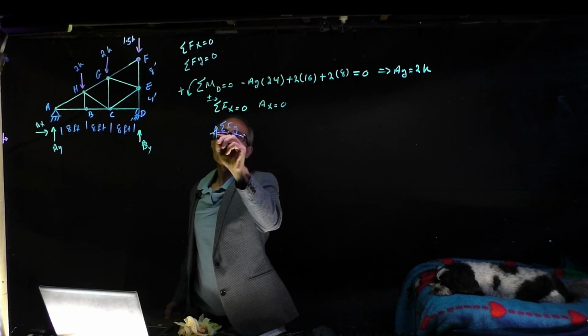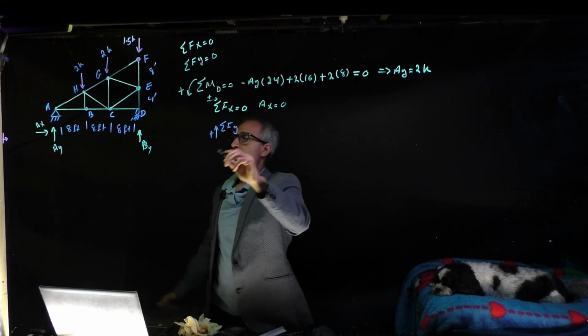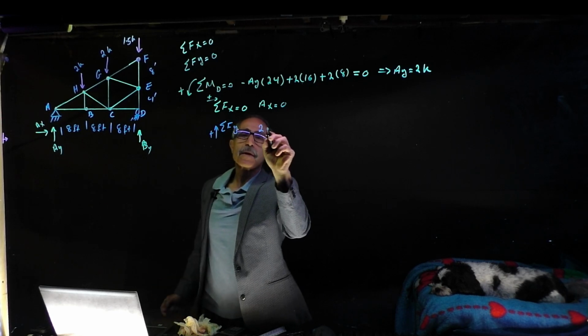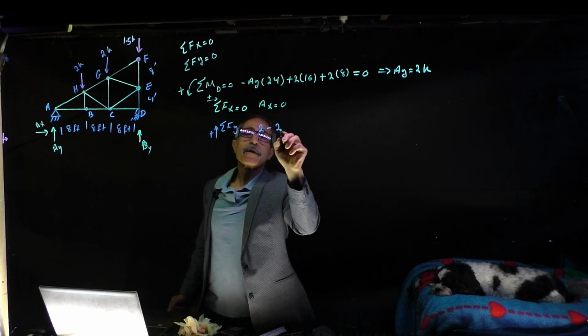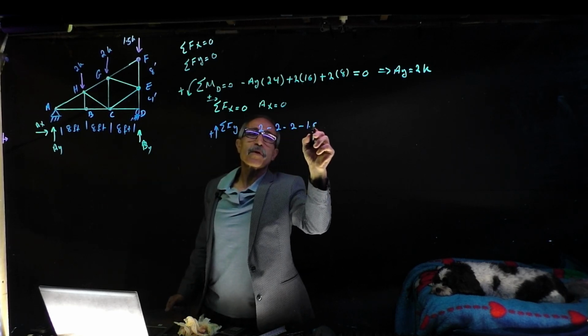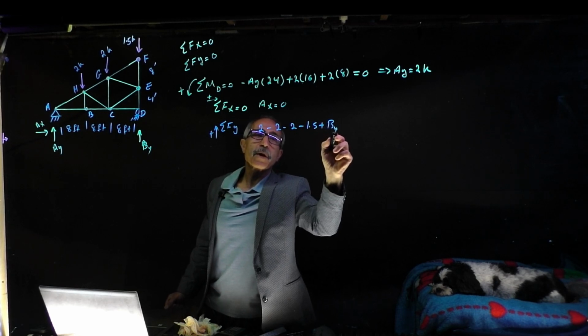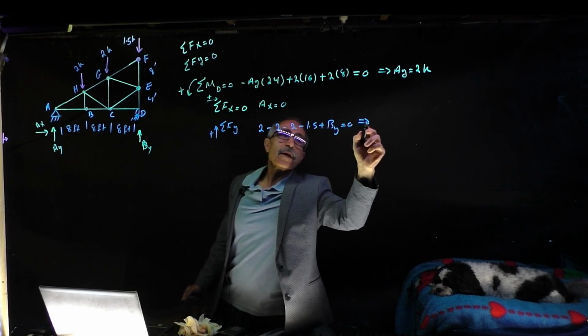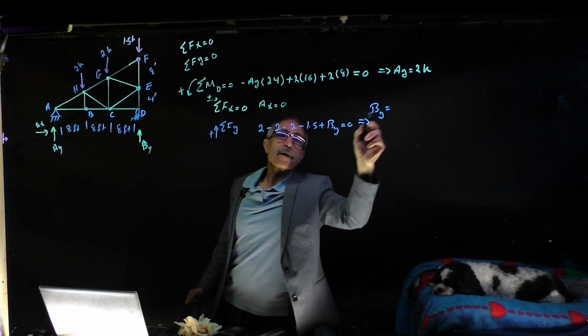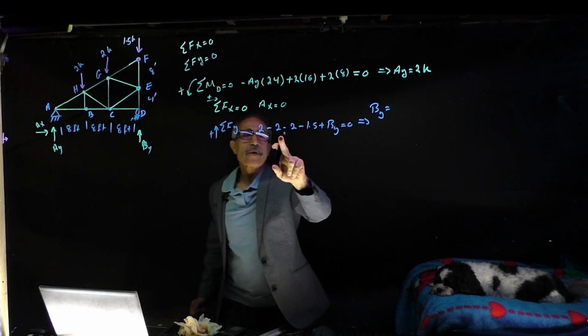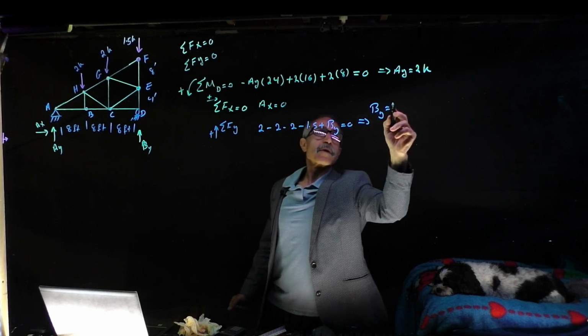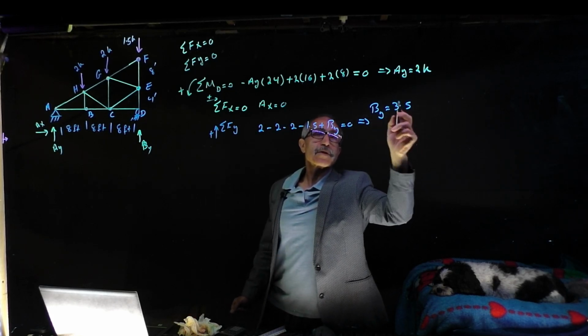Going up is positive. I have 2 going up, minus 2, minus 2, minus 1.5, plus BY is equal to 0, and BY comes out to be, the 2s cancel each other out, 3.5. And that's positive, going up.